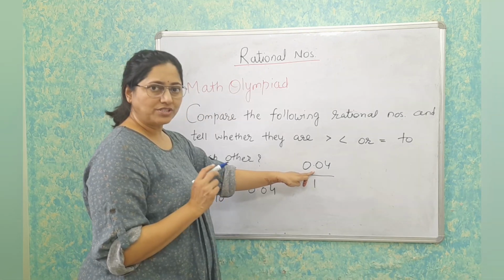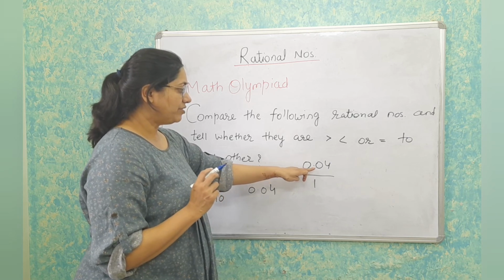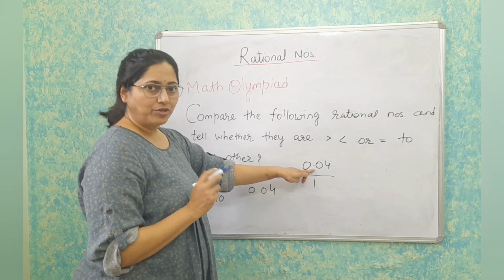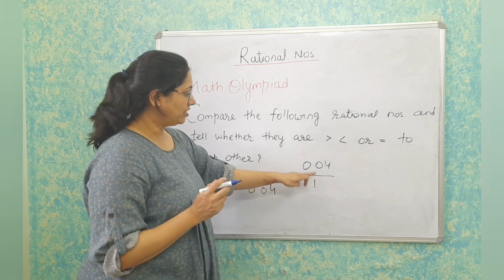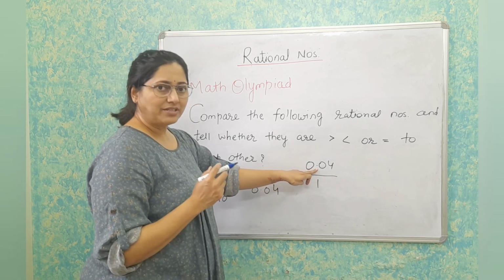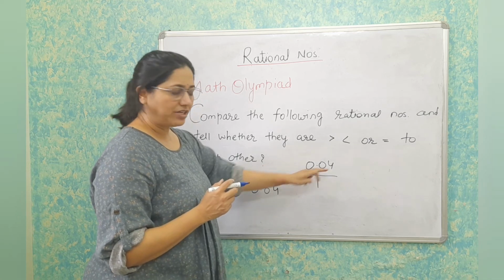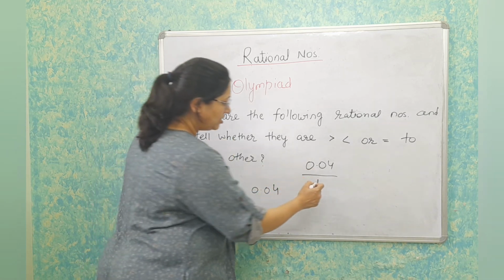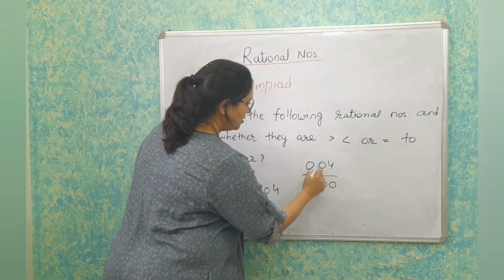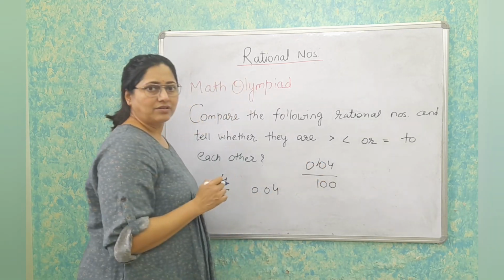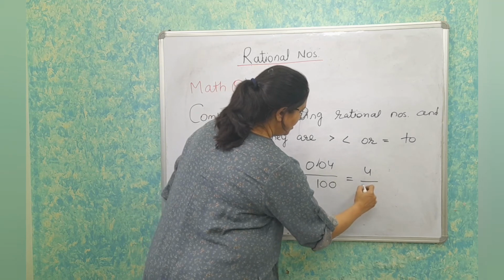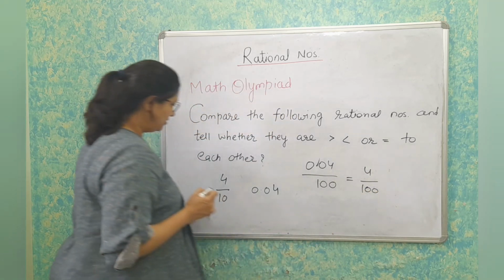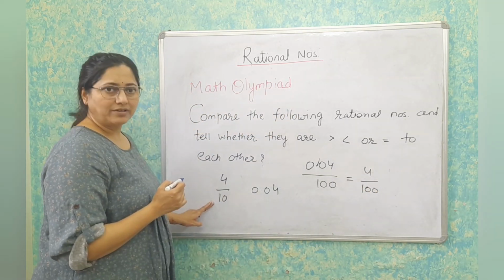Now I have to remove this decimal, and whenever we have to remove the decimal from the numerator, we have to put zeros in the denominator. After the decimal, there are 2 digits in the numerator, so I will put 2 zeros in the denominator. And now I can remove this decimal part and the number will become 4 upon 100. And this number is 4 upon 10.